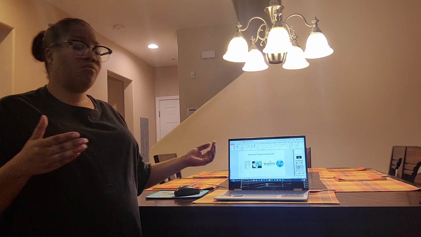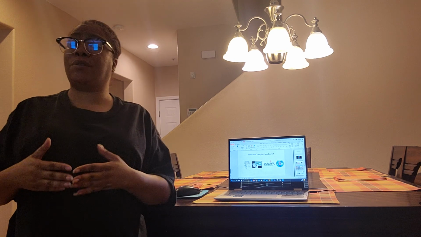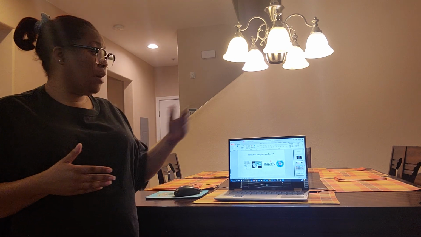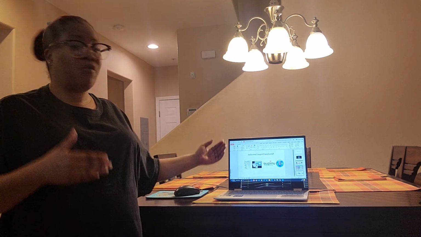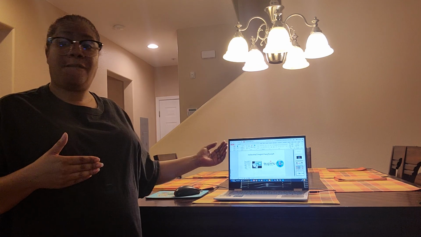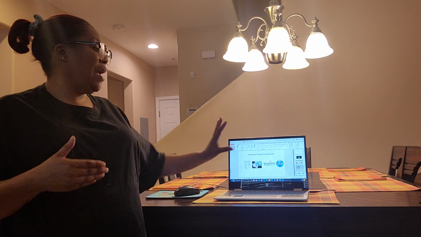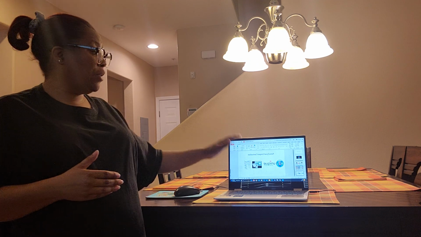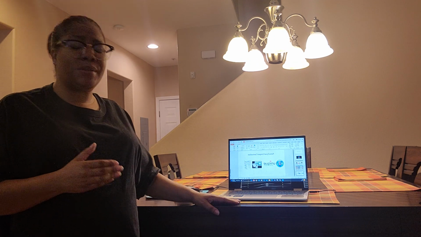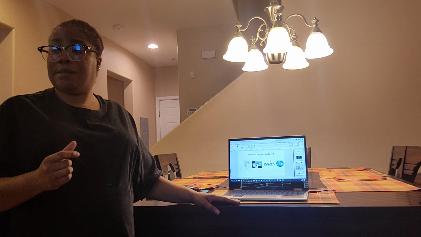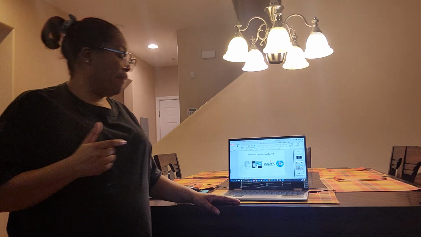I know a lot of you administrators will want to have the multi-use license. That way, you can provide access for all your teachers and staff to be able to access these educational technology tools and work with your students. So they all offer multi-use licenses that are necessary for your schools and staff.